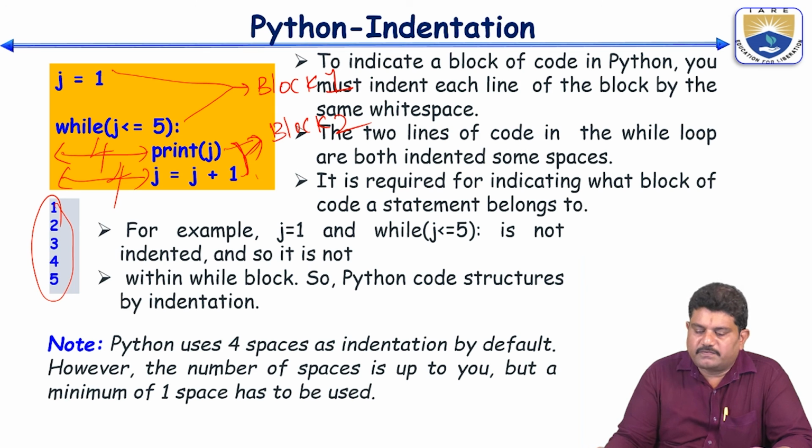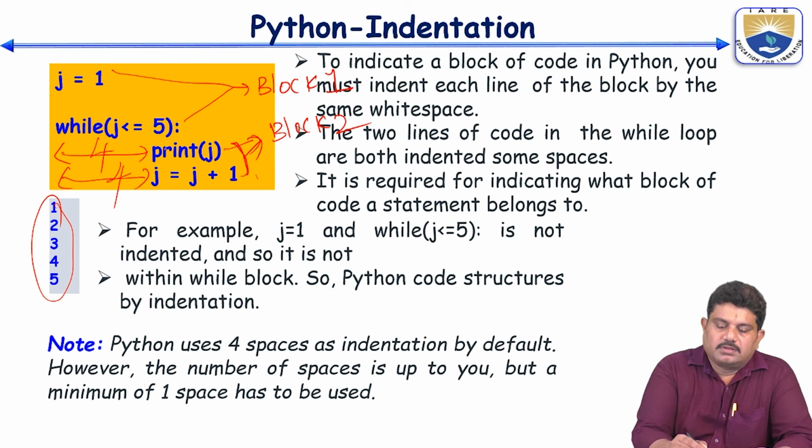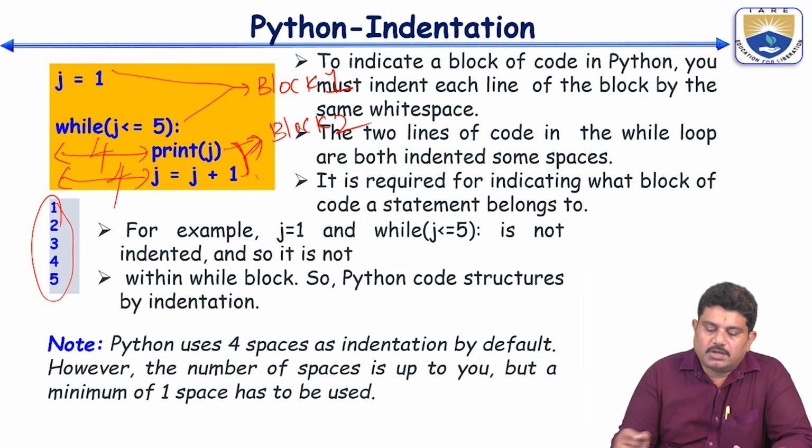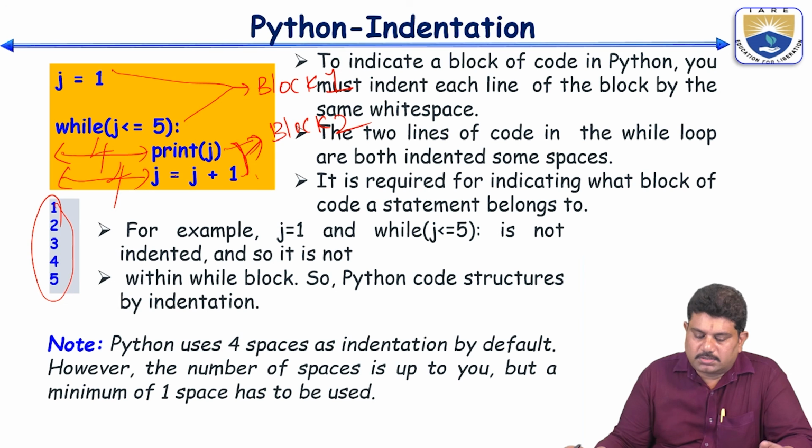Next one, the two lines of code in the while loop are both indented by some spaces. Both have the same number of white spaces, because of that, those two belong to the same block.